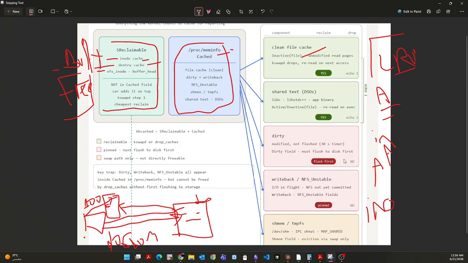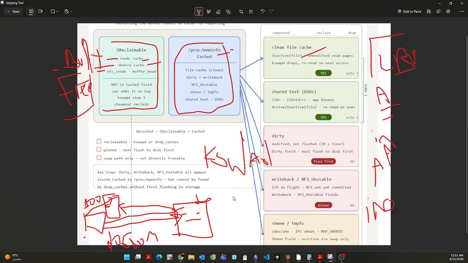Why are we separating them? Why are we not using the same names, active and inactive? Why are we saying whether it is backed by a file or not? Because when there is memory pressure in the system, the kernel starts kswapd, which is responsible for reclaiming the memory.